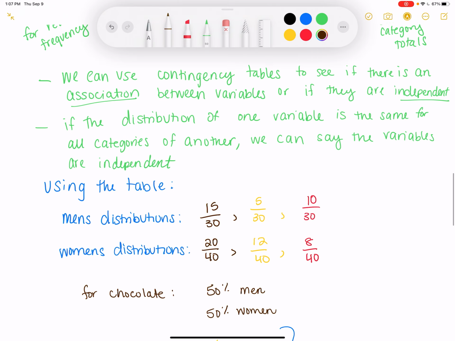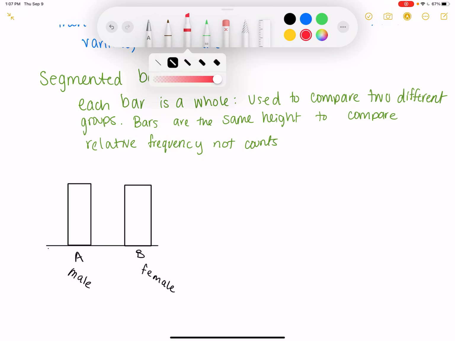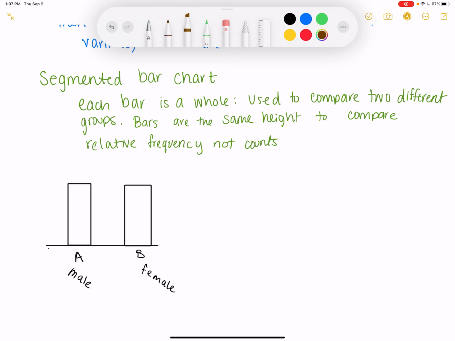All right, so male and female were pretty equal, I think, looking back. Yeah, they were. Is that the chocolate one? Yeah. So what I'm going to do is use my little highlighter here and do it this way. Male and female were pretty equal for chocolate. And then I think I used yellow for vanilla.